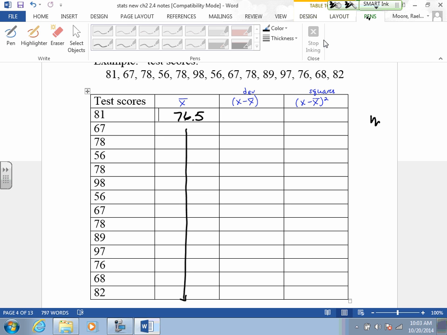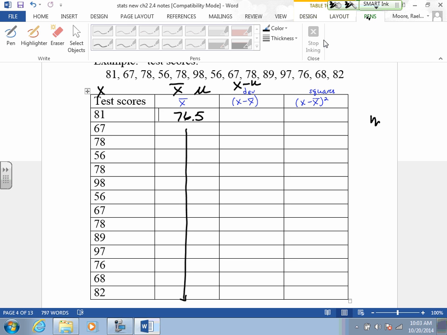Now, our next column says this. This is your x. This is your mean. If this is a population, this is your mean. This is still your x. So whether it says x minus the mean or x minus the sample mean is no difference. I usually use x bar because everybody gets that in your calculator, and then they say, oh, I can't find the u, so I usually put the x bar.